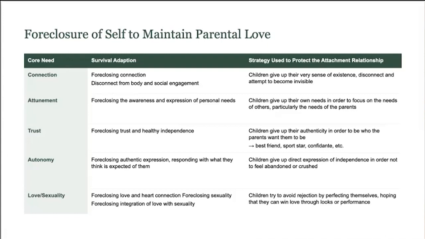Of course, it's an early shape of sexuality, but that's what they have to disconnect from, or disconnect from the coexistence, a healthy integration of love and sexuality, and they will end up striving for perfection in order to get the approval that they think they need. So a brief window into the exact nature of these survival styles adaptations.